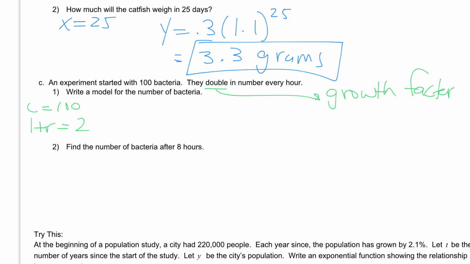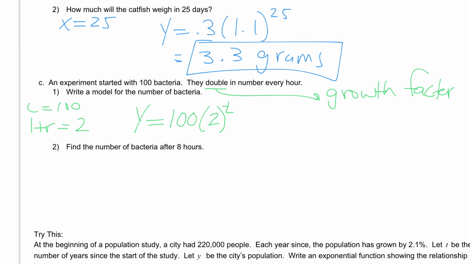So we can write this as y equals 100 times 2 raised to the t. Again, a little different than the previous ones because we have that growth factor instead of the growth rate. And that just goes in as a 2 in that spot, raised to that t.